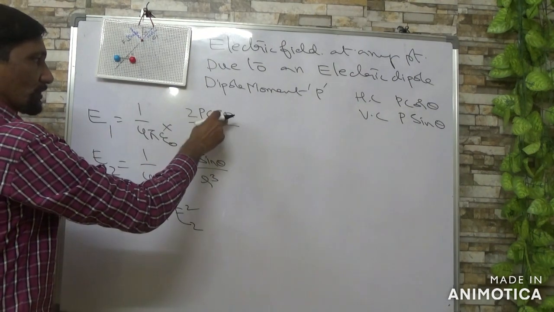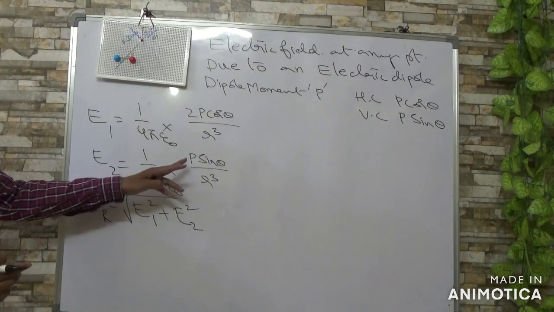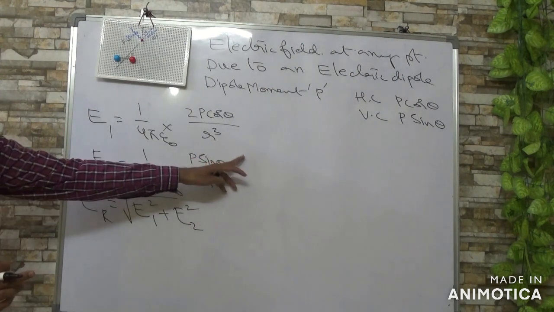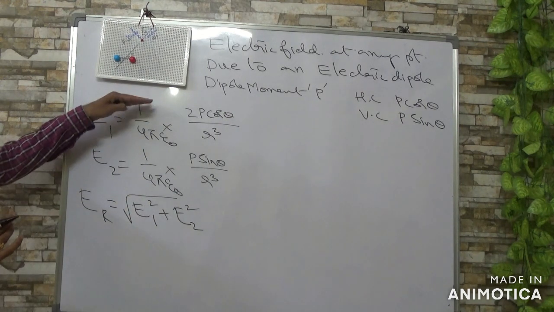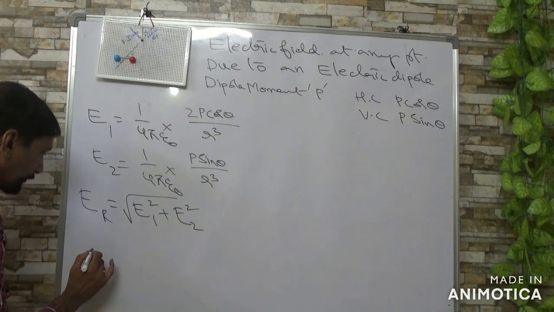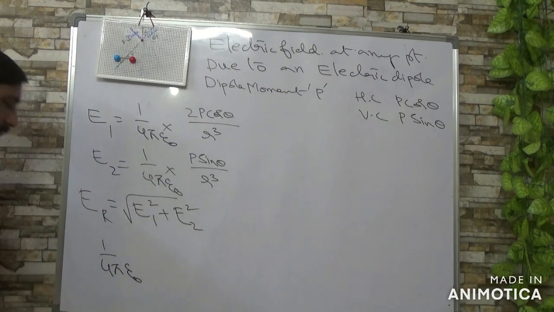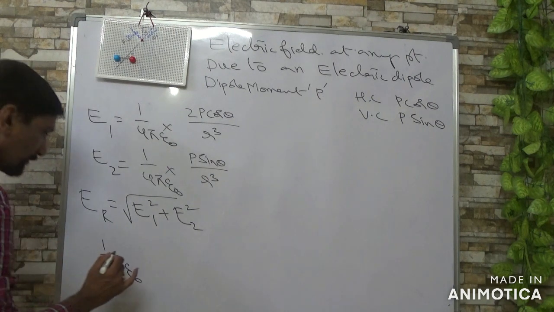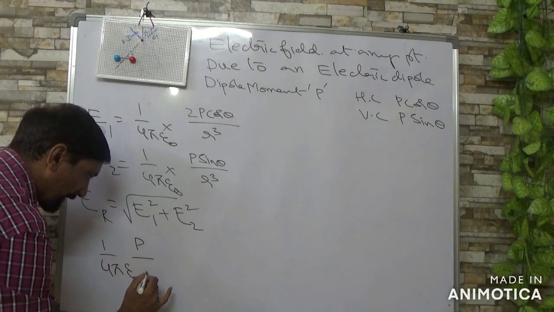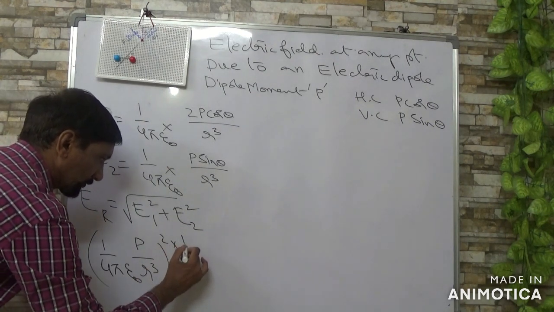So 1 by 4 pi epsilon naught, r cube, 2p cos theta whole square, and this one 1 by 4 pi epsilon naught p sin theta by r cube whole square. If you notice, 1 by 4 pi epsilon naught and r cube are common, so you can take them out. 1 by 4 pi epsilon naught, p by r cube, whole square root.